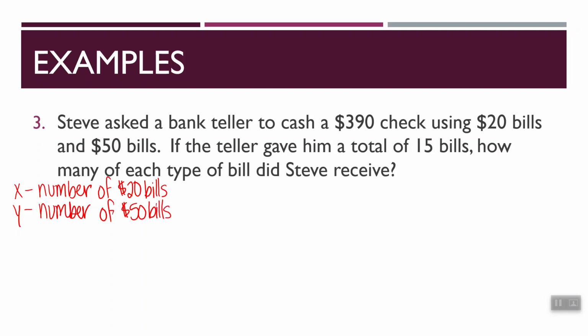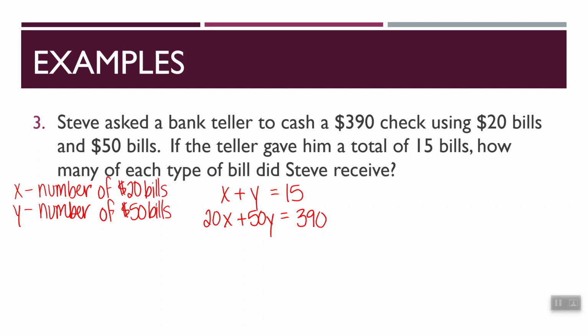So remember, we always said that one of the equations is just going to be an x plus y. So the number of $20 bills plus the number of $50 bills should equal the total number of bills he got, which was 15 of them. And we know that a $20 bill is worth $20 and a $50 bill is worth $50. And when you figure that out, he got a total of $390.